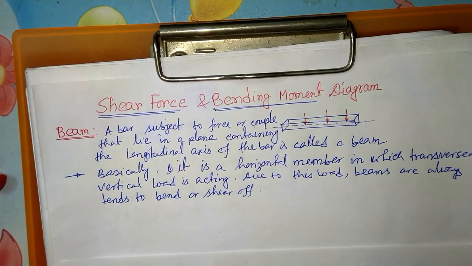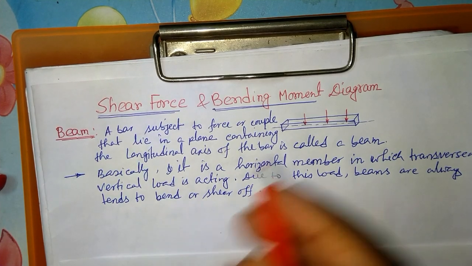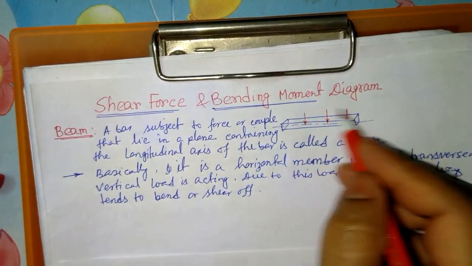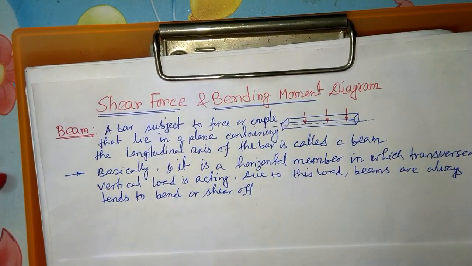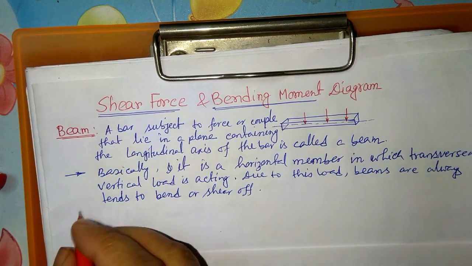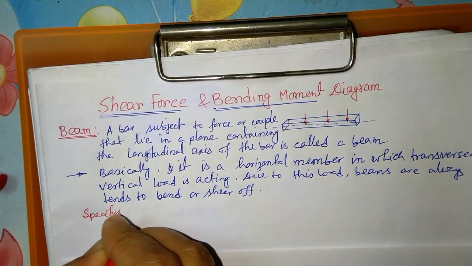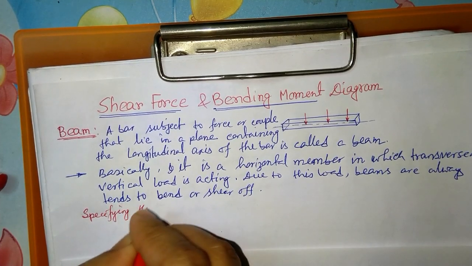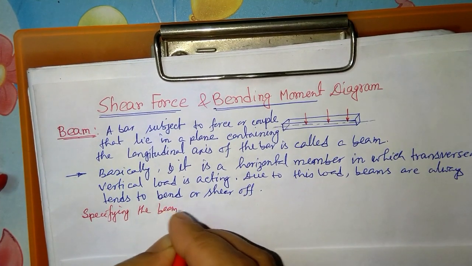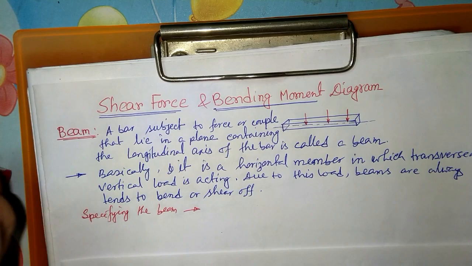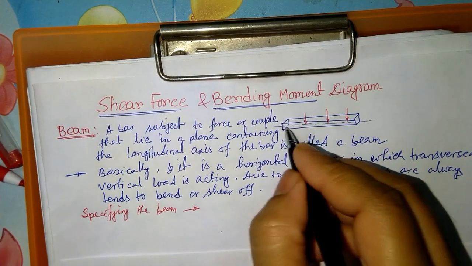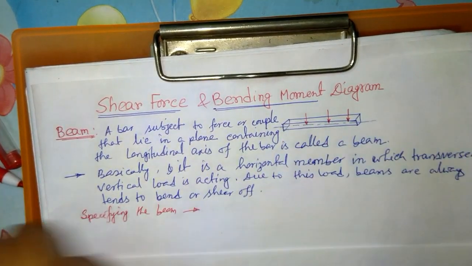So how can I define a beam, or how can I specify a beam? It is not necessary to always draw the beam like that. For specifying the beam, we need to draw the longitudinal axis.